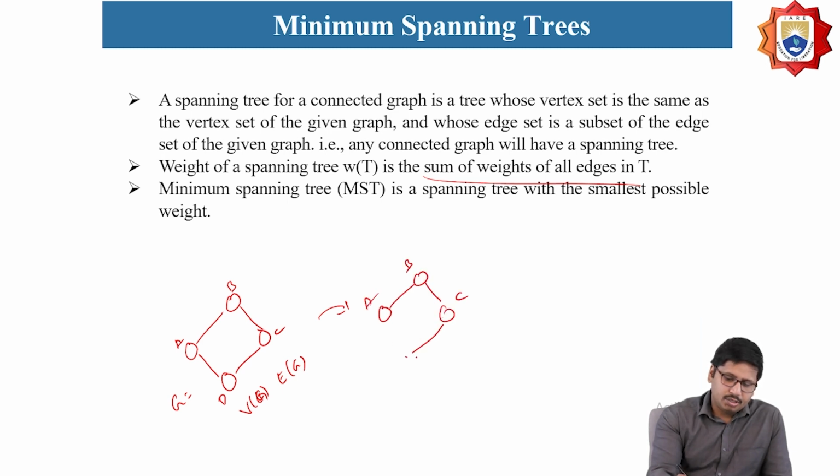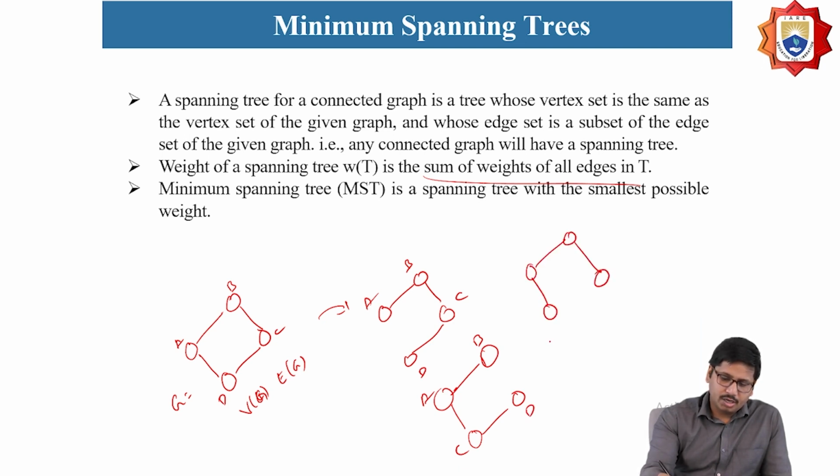A, B, C, D, and some other form, A, B, C, D, and some other form of the spanning tree could be like this. So these are the various possible spanning trees.